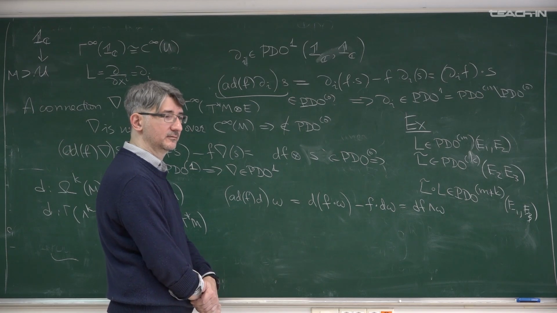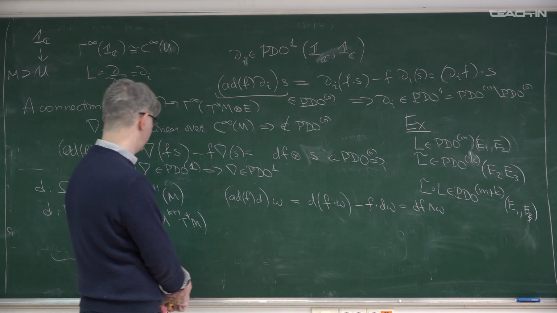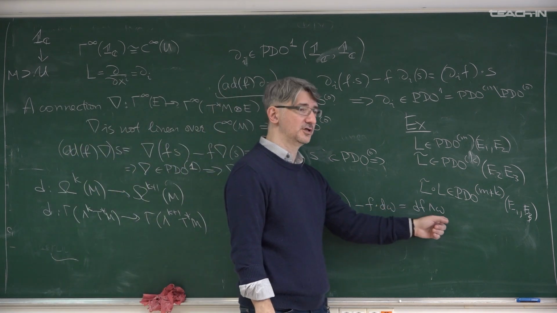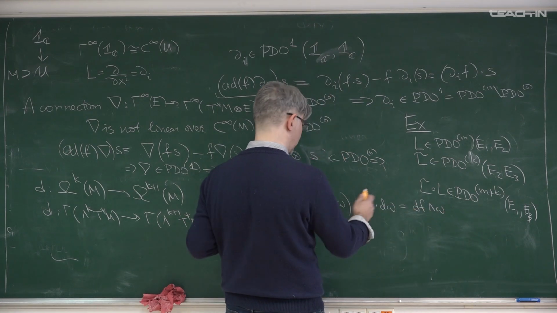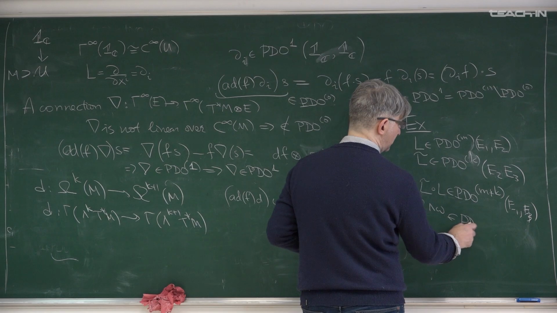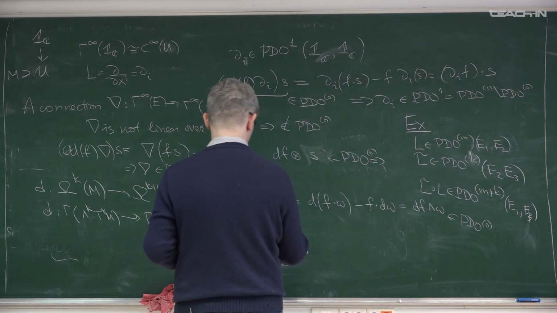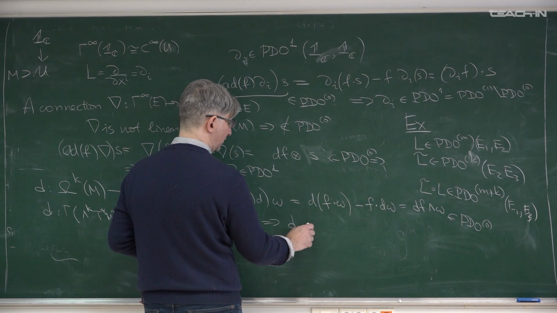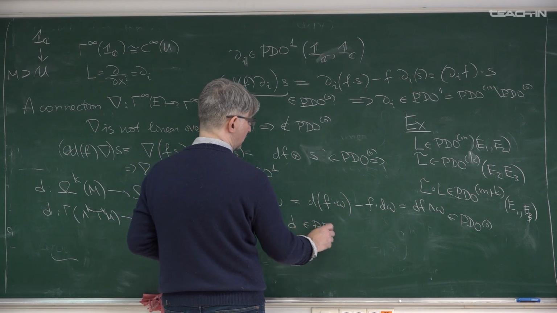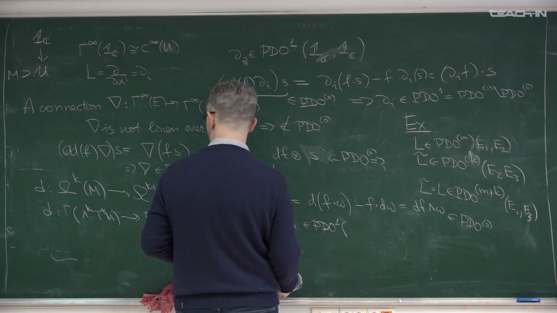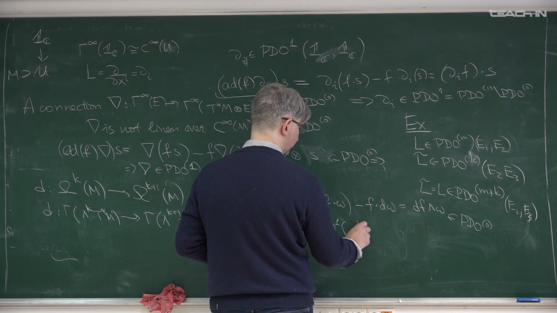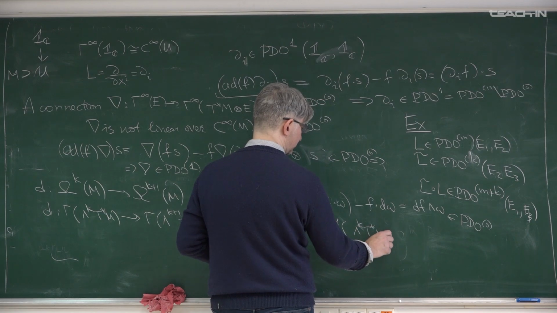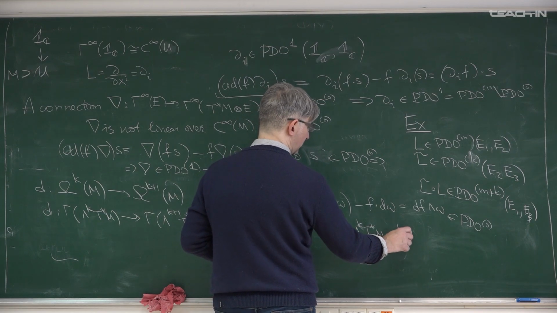Sine is correct. So df wedge omega is a linear map, because it sends omega to something which depends linearly on omega, linearly over C infinity. So this operation is PDO 0. Hence, the exterior derivative is a PDO of first order, which goes from this vector bundle to this vector bundle.